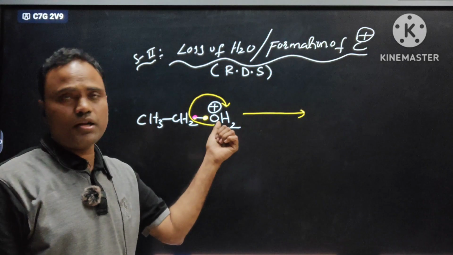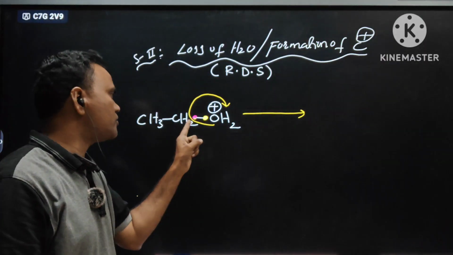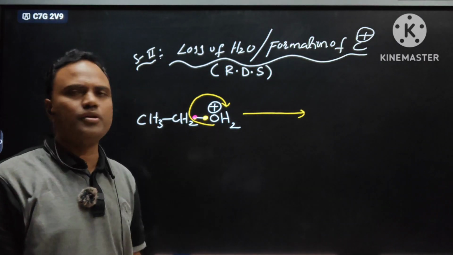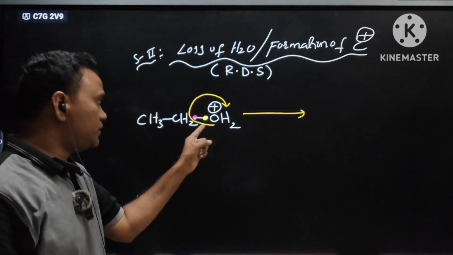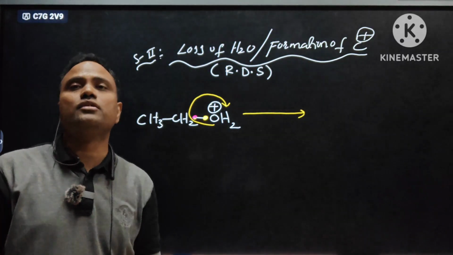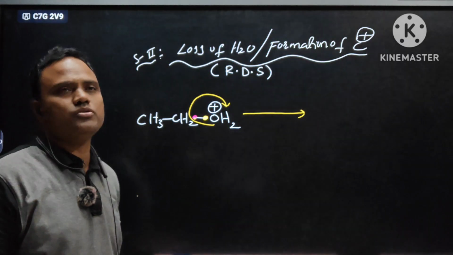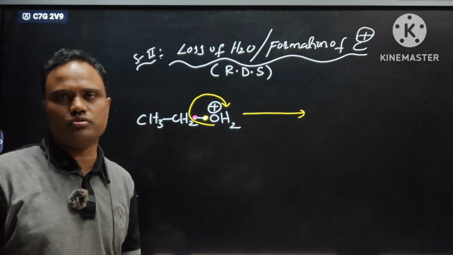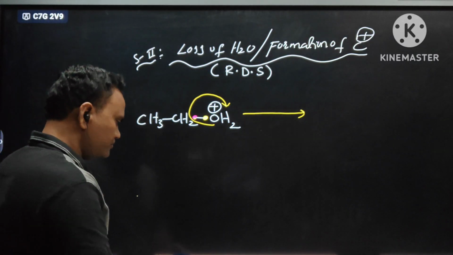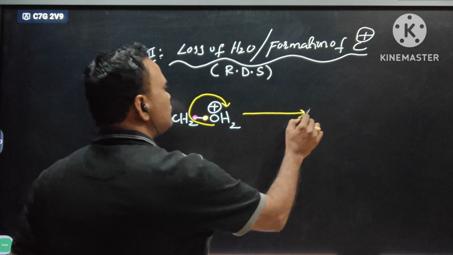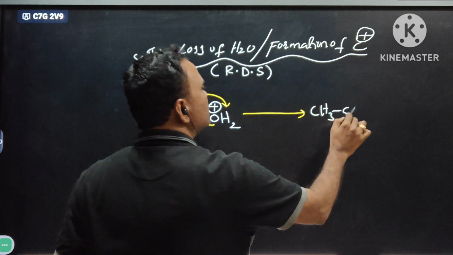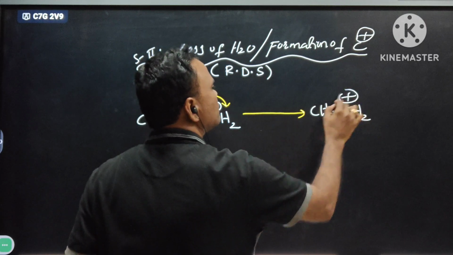Oxygen takes its own electron and the electron of carbon also, to nullify and balance the positive charge, to form this carbocation, CH3CH2 positive.